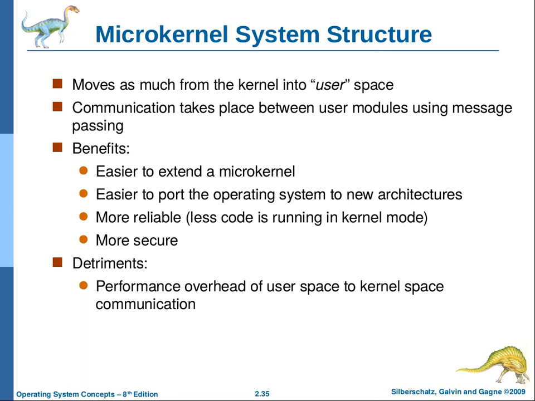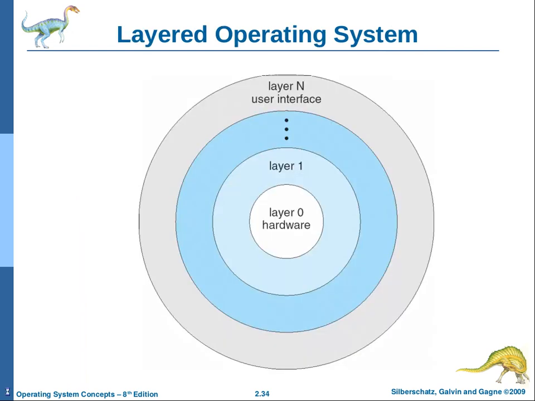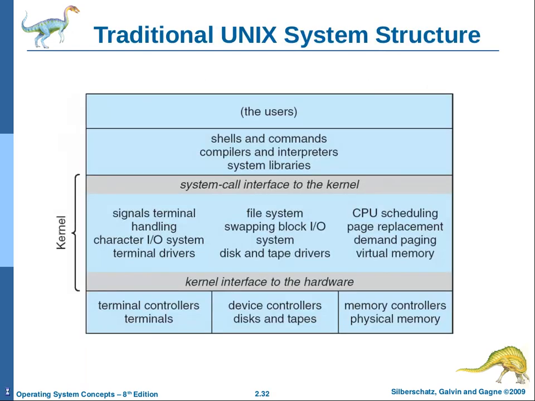So the idea is, beforehand you're thinking about, let's go back to this picture, where your kernel and your operating system handles all these things: signal terminal, file system, CPU scheduling, and so forth. The idea of a microkernel is that the kernel is not going to do any of this.